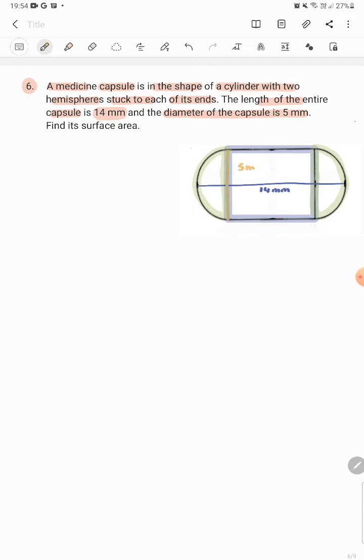Now if diameter is 5 millimeter, so radius automatically will be 2.5 millimeter. And the radius of this hemisphere will also be 2.5 millimeter. So if we subtract 2.5 millimeter from 14 millimeter, we will get 9 millimeter.